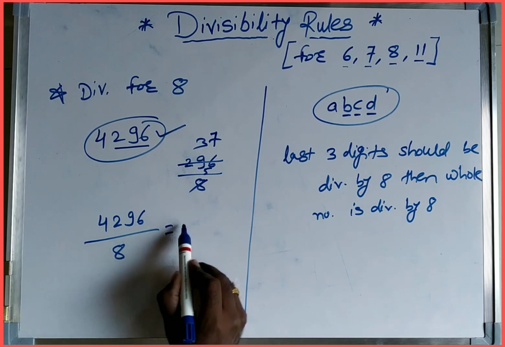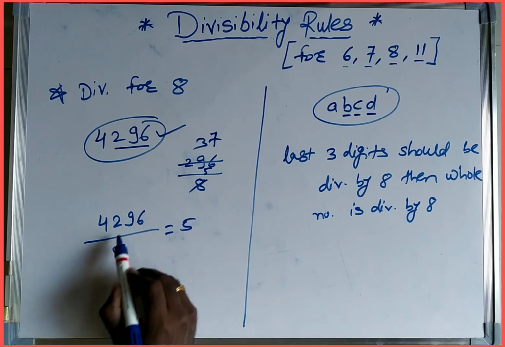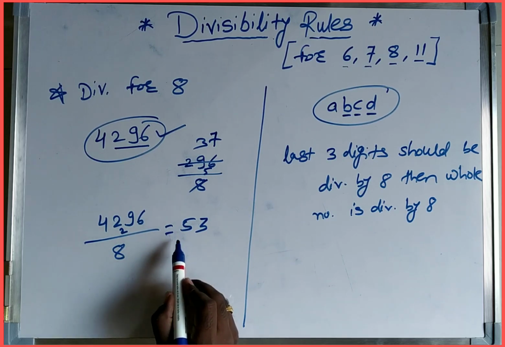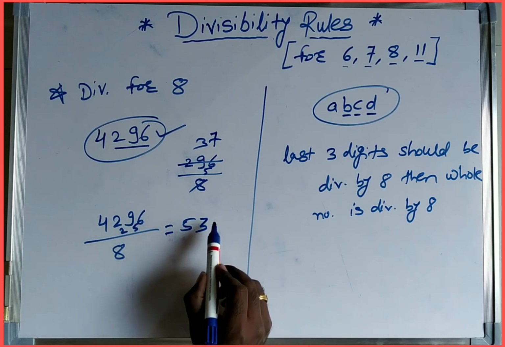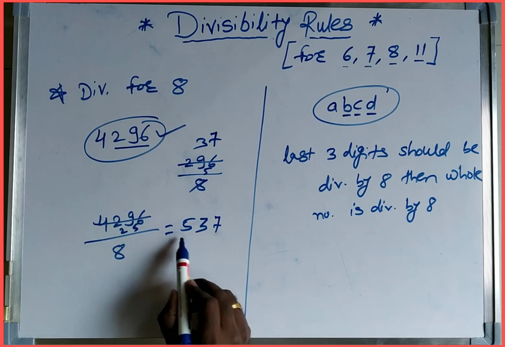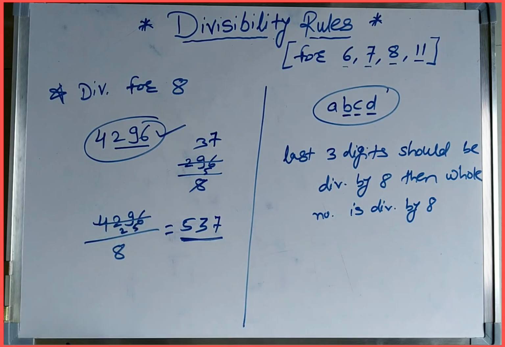Now 8 5s are 40, remaining is 2. 8 3s are 24, remaining is 5, and 8 7s are 56. This means the complete number is divisible without any remainder.